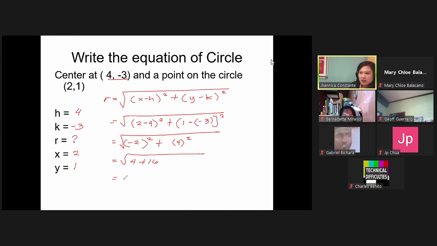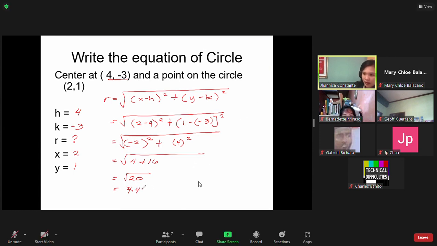So it means the square root of 20. Square root of 20 is equal to 4.47. That is our radius.